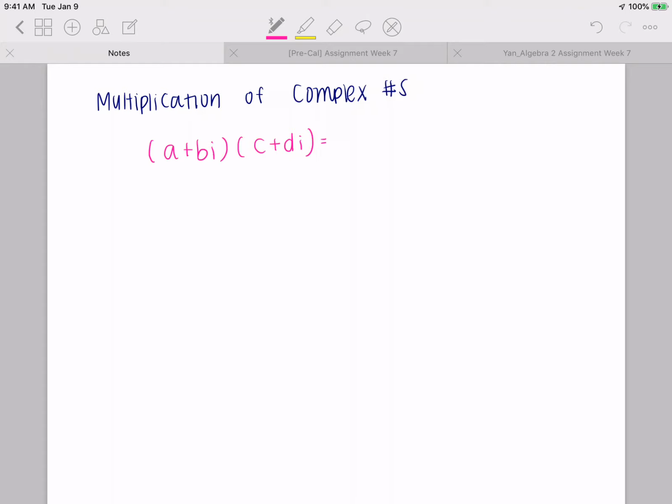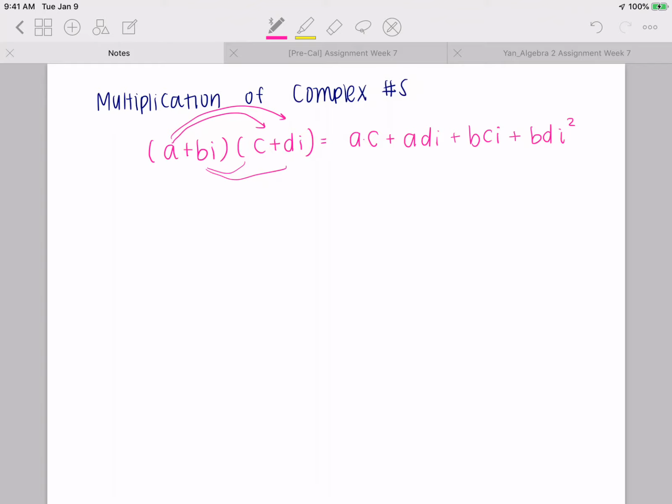So I'm going to multiply a times the first and times the two terms in the end, which is a times c plus a times di. And then also do these two, which is bci adding bdi squared.